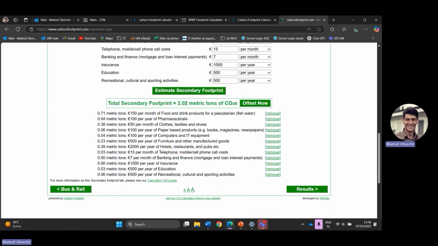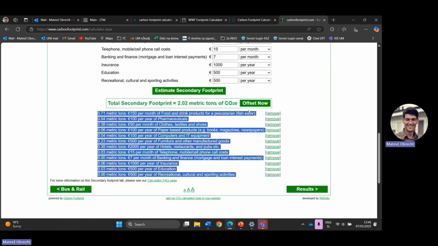So approximately same as my total footprint from the transportation with the car, or like one flight from Europe to Asia. So we can see the biggest impact is food and drink products for pescatarian diet.